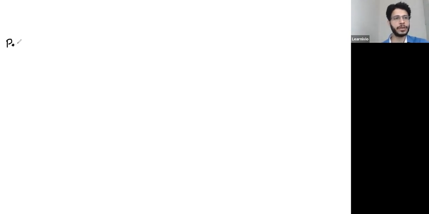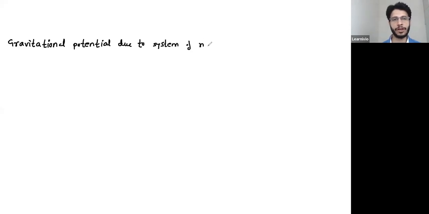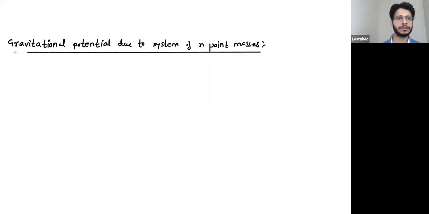So gravitational potential due to a system of n point masses. It's just like field, but the difference is instead of adding them vectorially, it's a scalar quantity. You will add them up algebraically.